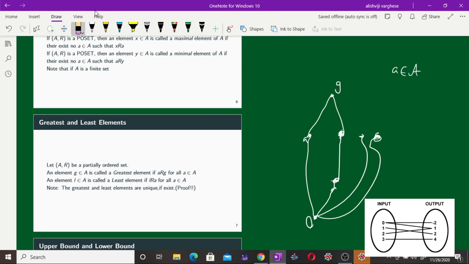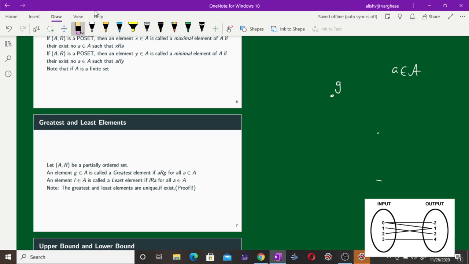The difference between a minimal element and a least element is that the least element is unique, and a particular partially ordered set may have more than one minimal element. And if there is a unique minimal element in a partially ordered set, then it is a least element also.